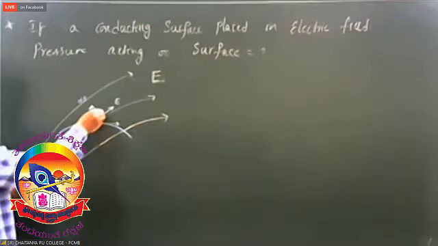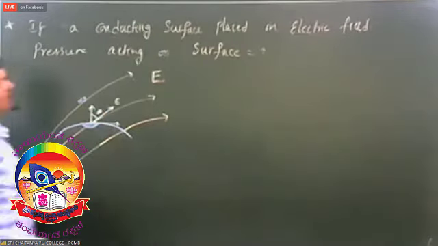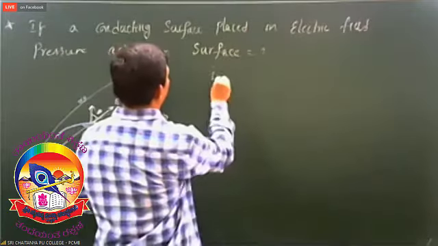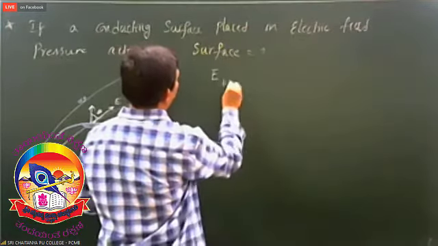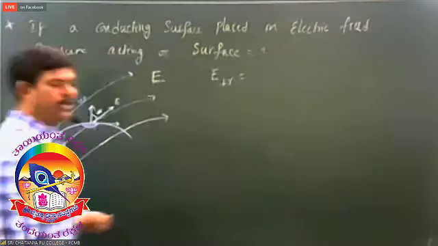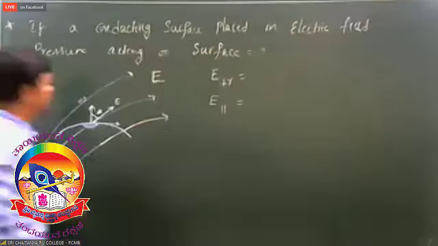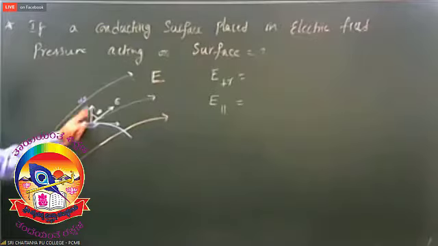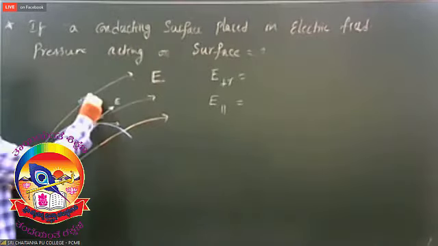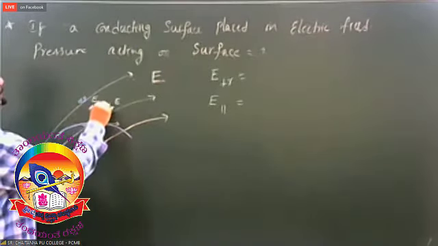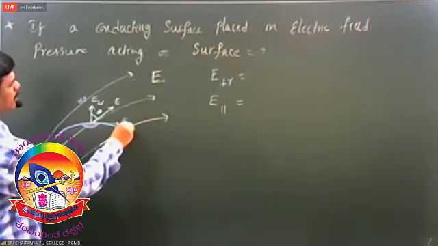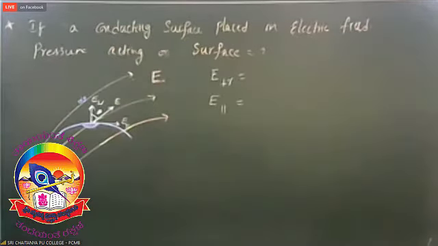If this is theta, then we have the component perpendicular to the plane, E perpendicular, and the component parallel to the plane, E parallel.